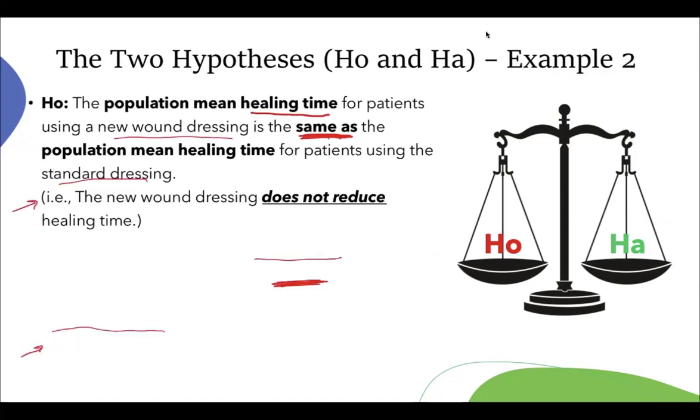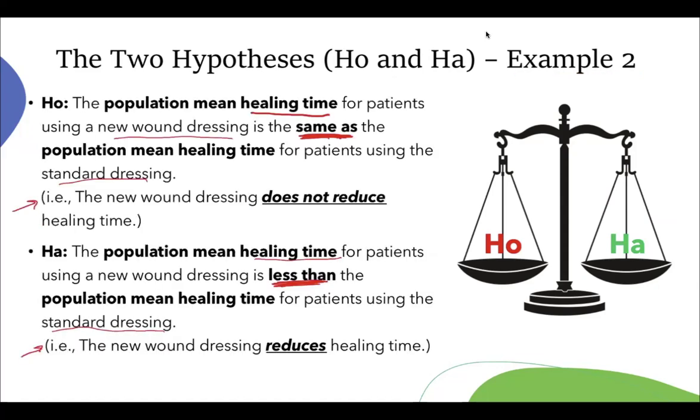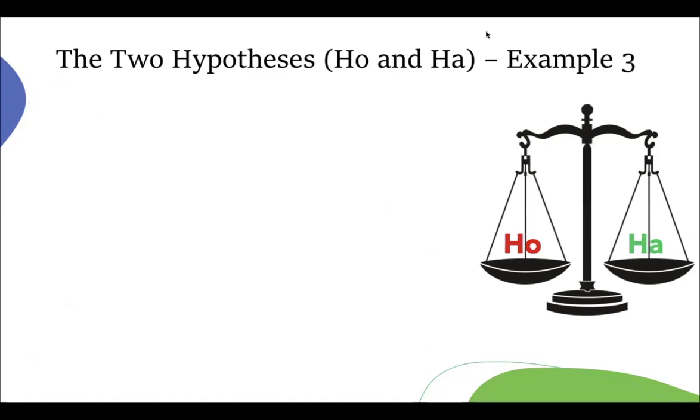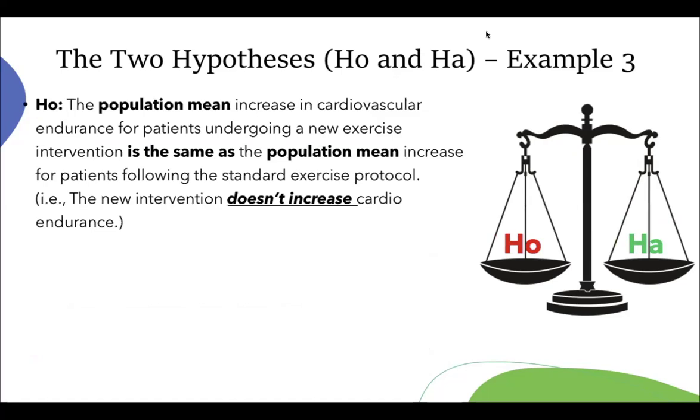So it changes from problem to problem, but what stays the same is the null hypothesis claiming that there is no effect, and the alternative hypothesis claiming that there is some kind of effect, either less than or perhaps greater than. Let's do a third example. This time we're doing a greater than example.